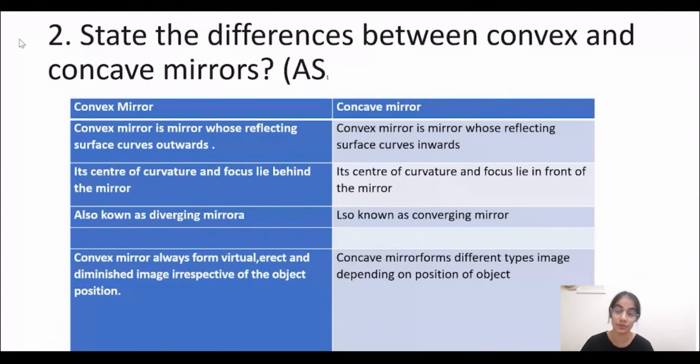It depends on the position. You know that if the object is at infinity, the image will be at focus. If it is beyond center of curvature, the image will be between center of curvature and focus. If it is at center of curvature, the image will also be at center of curvature. If it is between center of curvature and focus, the image will be beyond center of curvature. If it goes beyond focus, then the image produced is virtual. These must always be kept in mind.